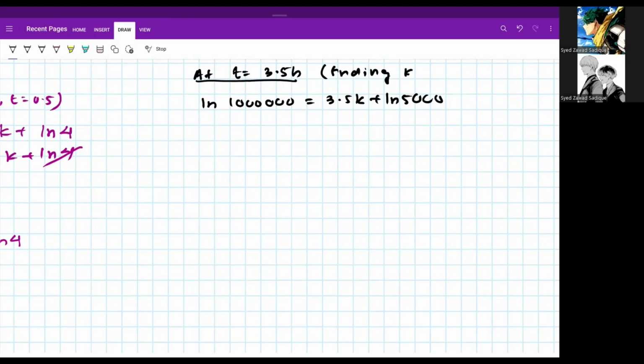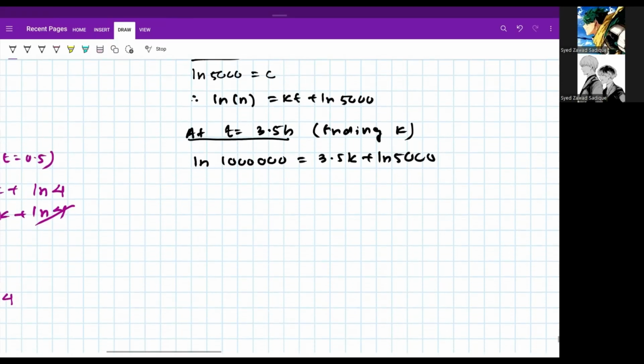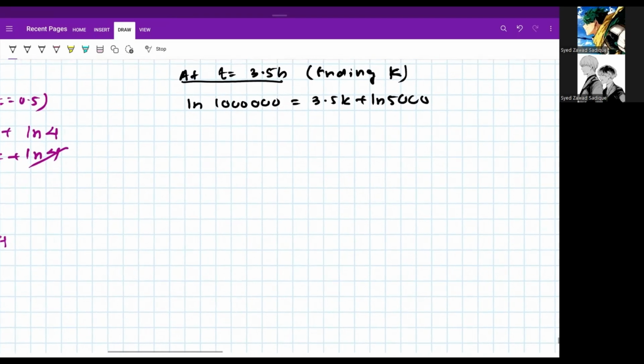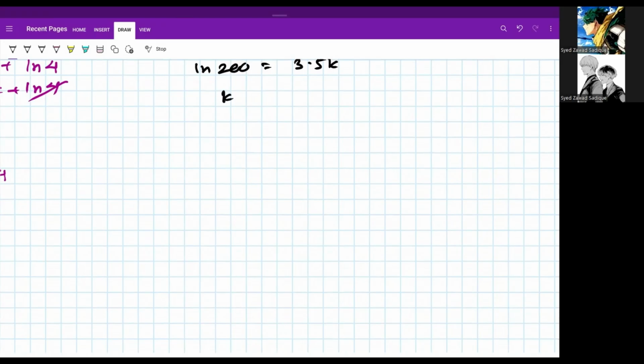This is basically, if you guys didn't understand, this is finding k, and this step is finding c. Okay, so on dividing by 5000, we get ln 200 is equal to 3.5k. K is equal to 1.5138.